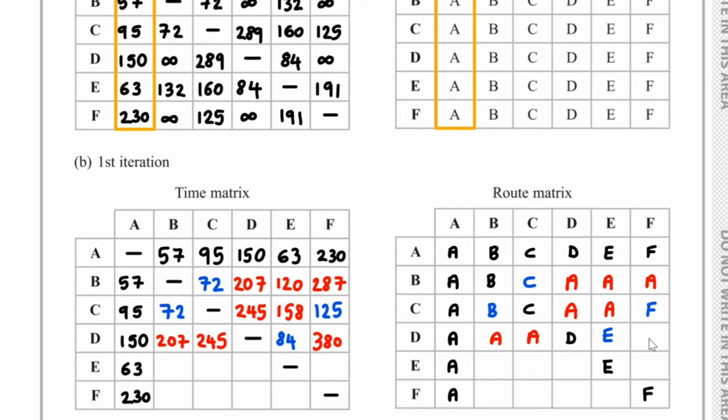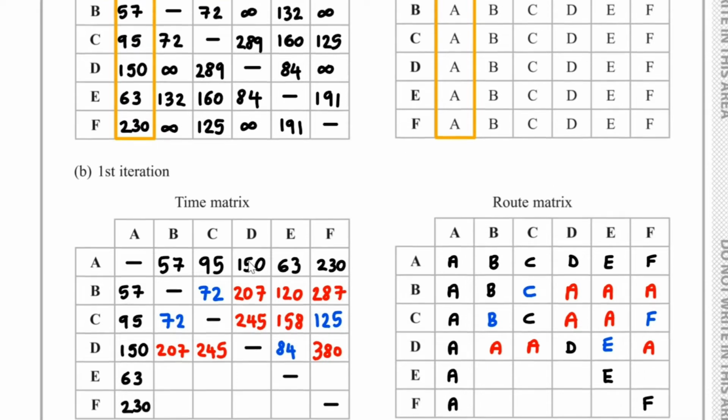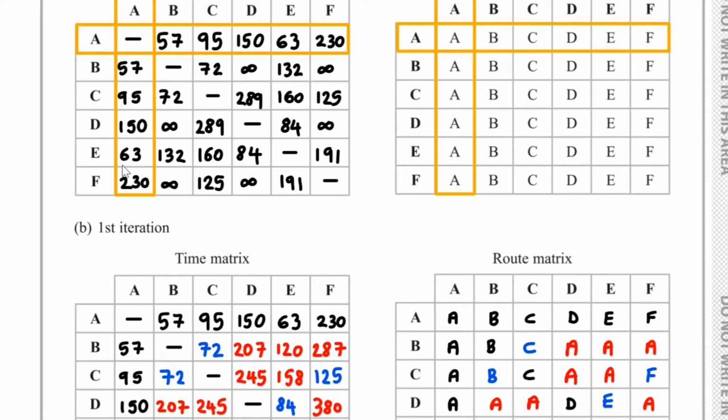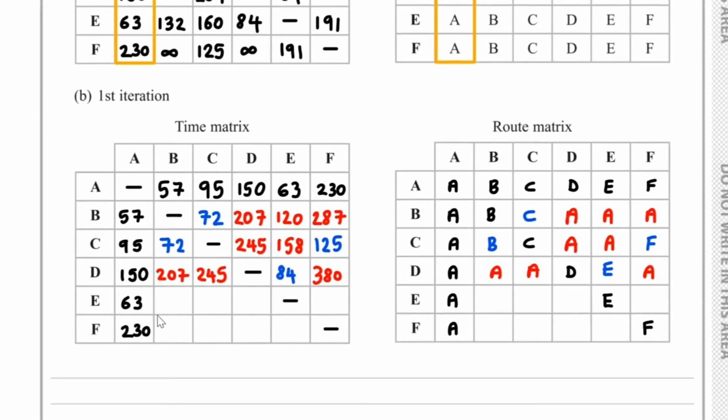And the F here will change to an A. Now we compare the 132 with the sum of 63 plus 57. 63 plus 57 is smaller than 132, so the element here changes to 63 plus 57, which is 120. And the B here changes to an A.